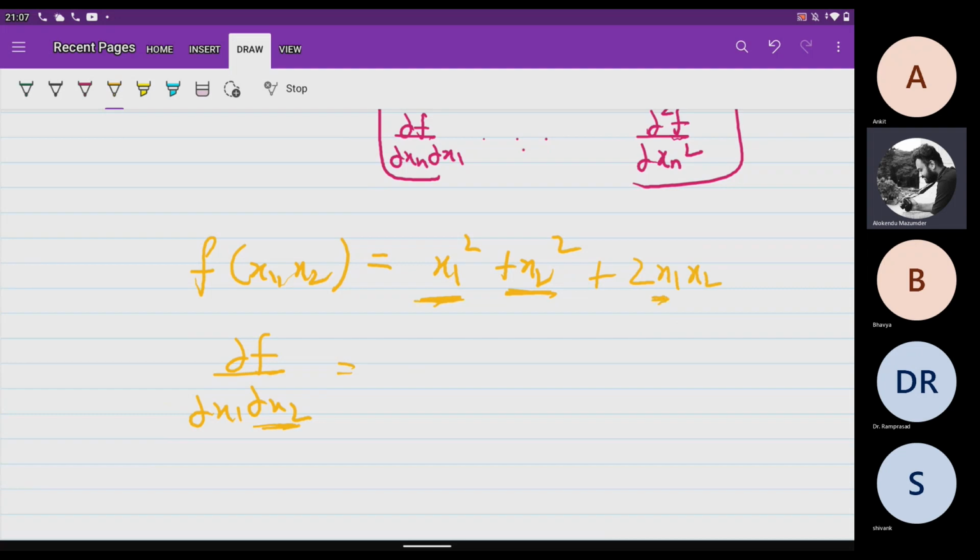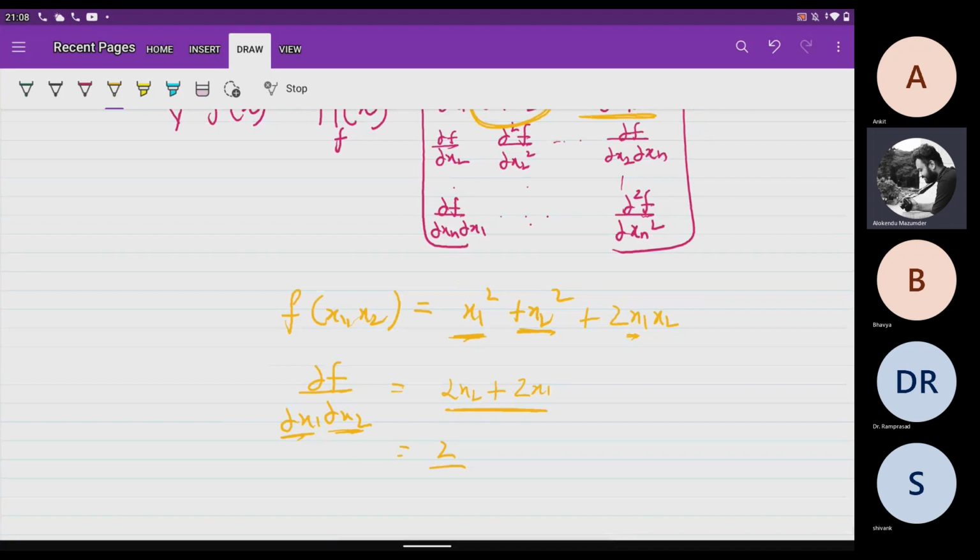So that will be 2x2 plus 2x1. And then I have to compute with respect to x1, treating x2 as constant. So it will be 2. You got it?